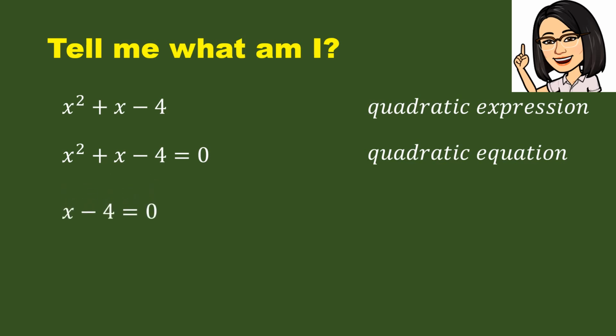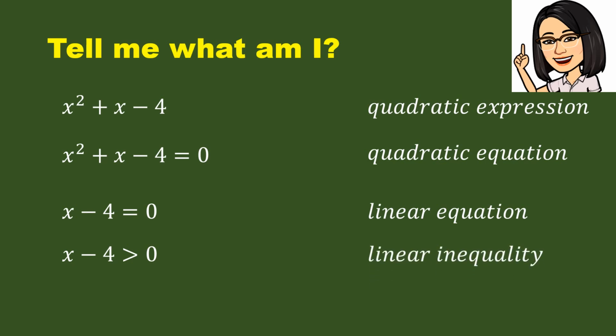What about x minus 4 is equal to 0? Take note the degree is 1 and it uses the equal sign. So it is called a linear equation. How about x minus 4 is greater than 0? It uses an inequality symbol.